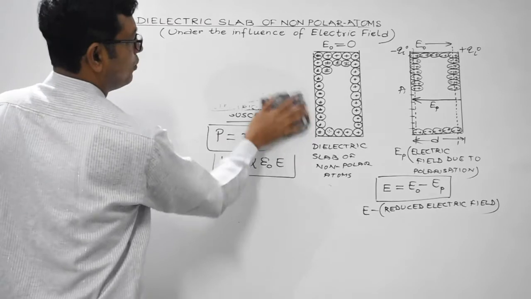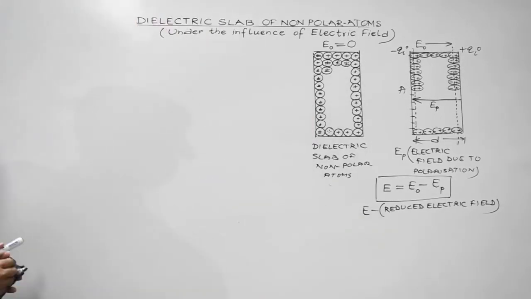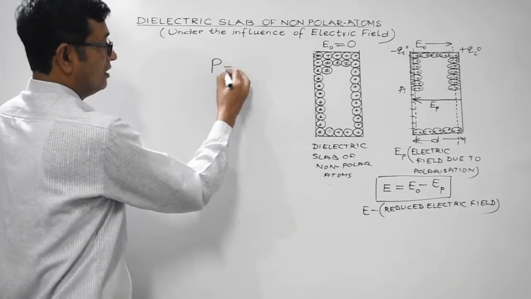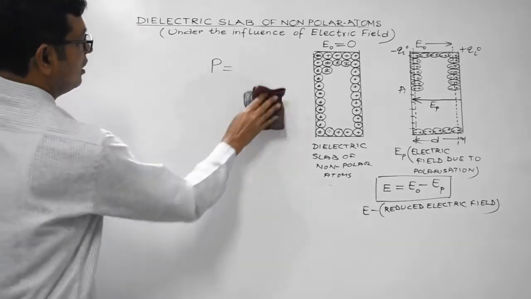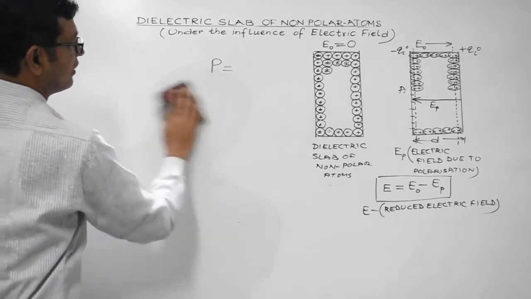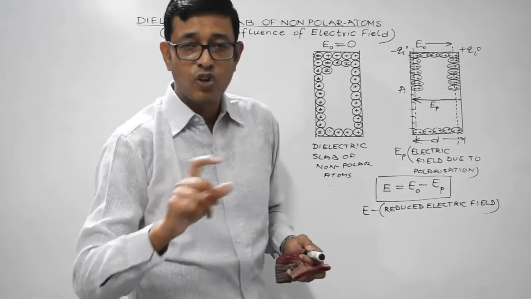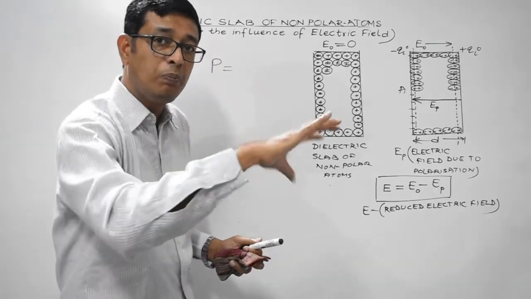Now coming back to polarization density. Now look, there is an alternative form of representing this polarization density. So let's discuss the alternative expression for polarization density, right? Theoretically, as I have told you, it is the net dipole moment induced per unit volume.